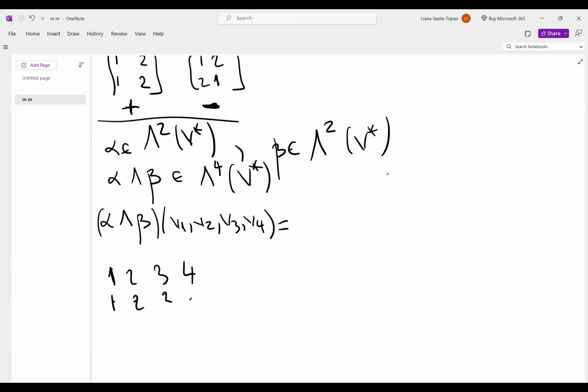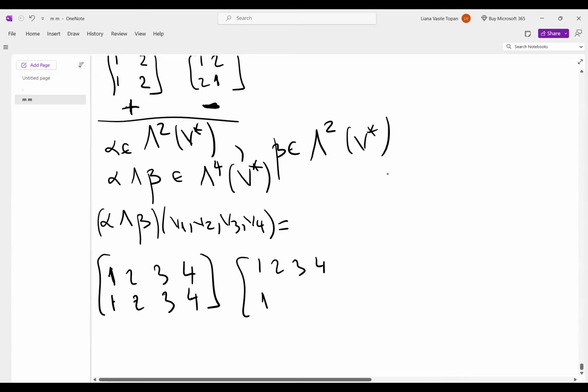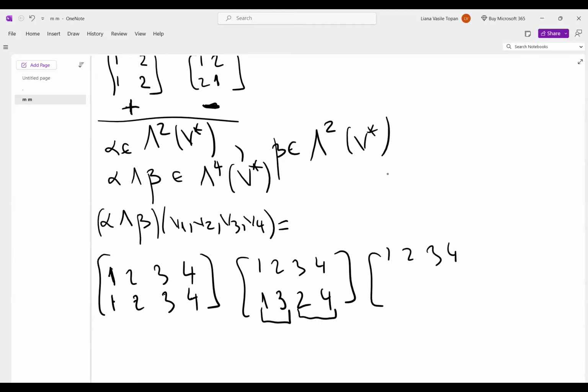So for instance, the identity is good. Then another permutation, 1, 3, 2, 4. You see, if you look at the first 2, this is increasing, and this is an increasing segment. Then here you must have 2 and you must have 3, right, to get it increasing.